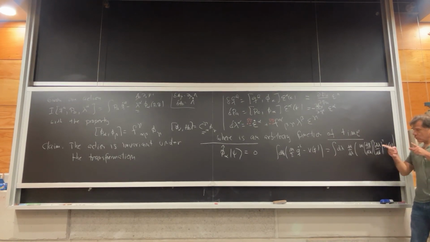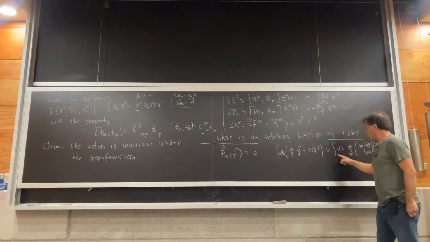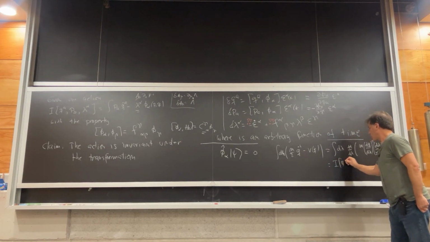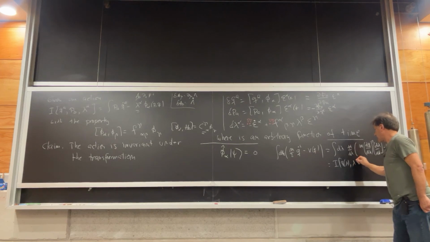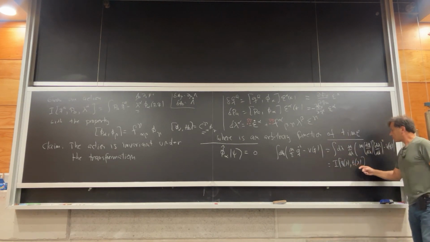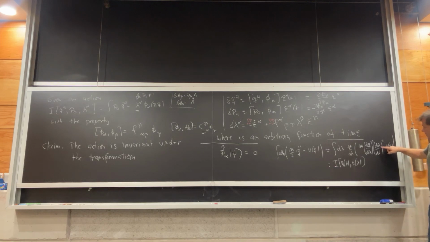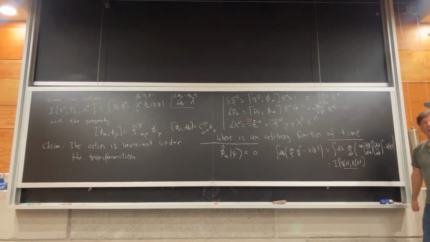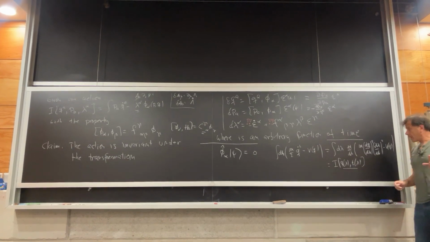But the crucial step is to treat this now as an action for q of lambda and t of lambda. So you can take the inverse, so this is the derivative of t with respect to lambda, 1 over that one. And then you can consider this as an action for two variables.